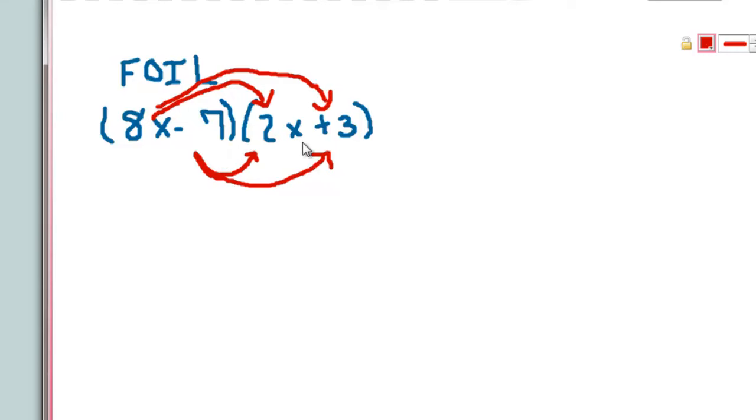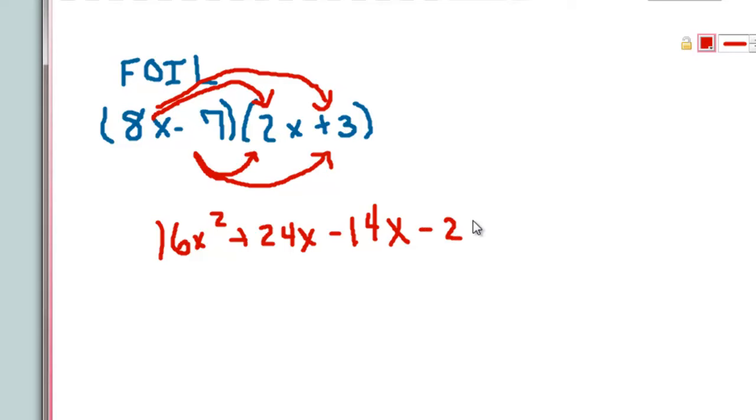So 8x times 2x is 16x squared. 8x times 3 is 24x. And then negative 7 times 2x is negative 14x. And then negative times a positive, negative 21.